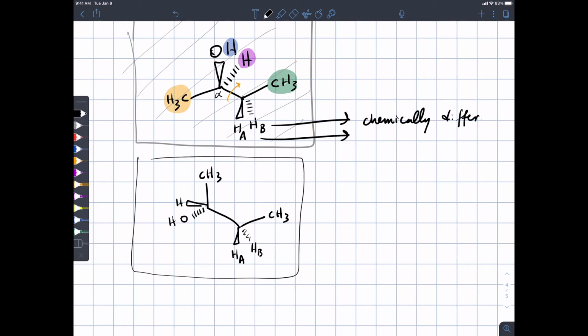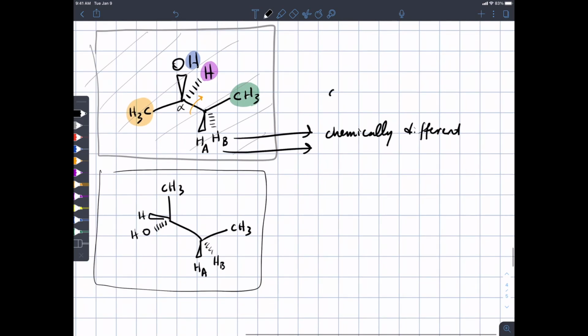So this is generally true in chiral molecules: CH2 protons, and actually any groups that are attached to the same carbon, are different in a chiral molecule.